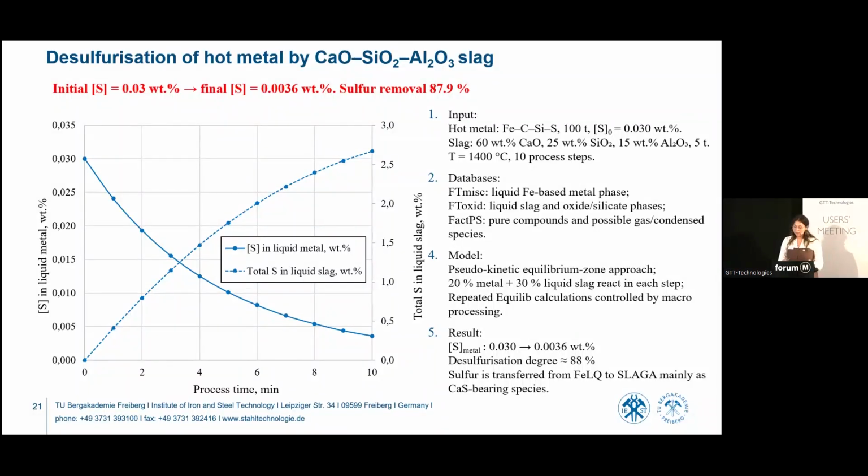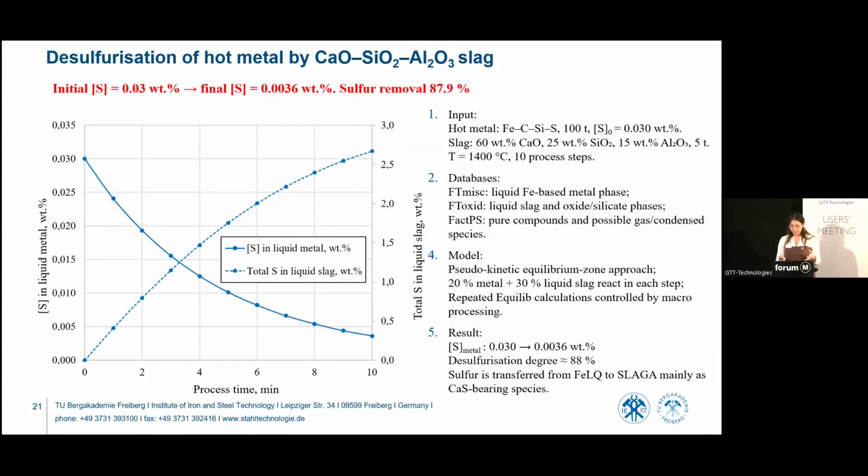And this model is a pseudo-kinetic equilibrium zone approach. That means that only part of the slag and only part of the metal react in each time step. In this example, 20% of the metal and 30% of the liquid slag were allowed to react in each time step.